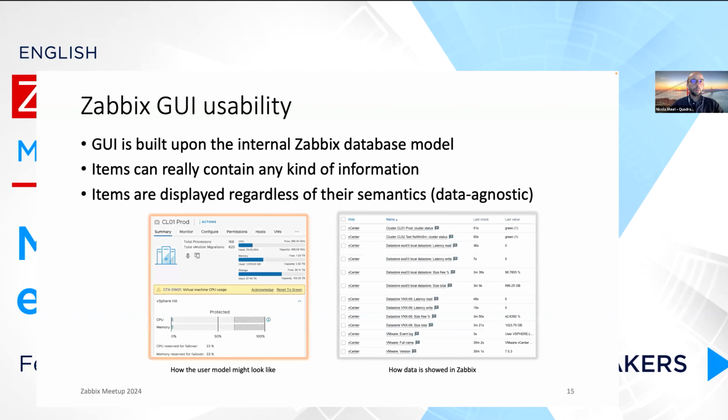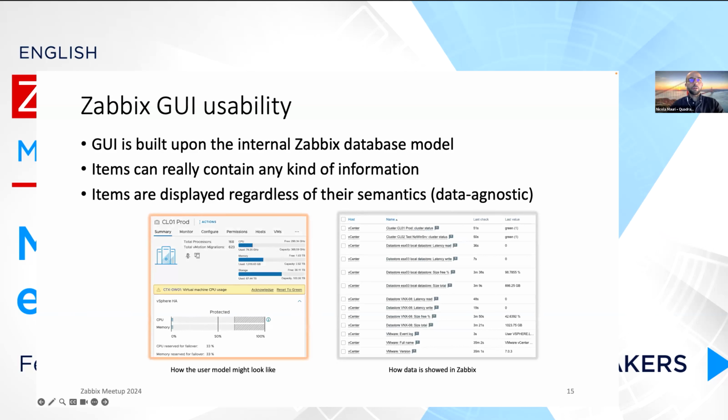So, for example, this is a representation of a VMware cluster, and this is quite near to the user model. I can see the resources displayed: the CPU, memory, storage, number of virtual machines, and so on.